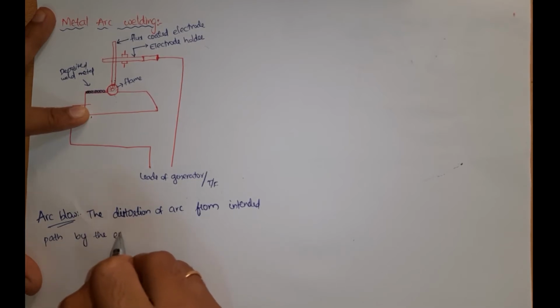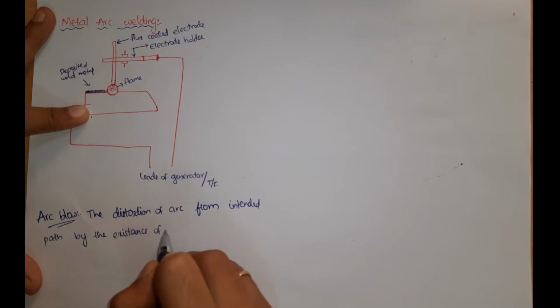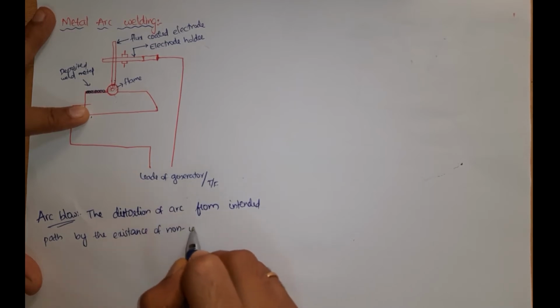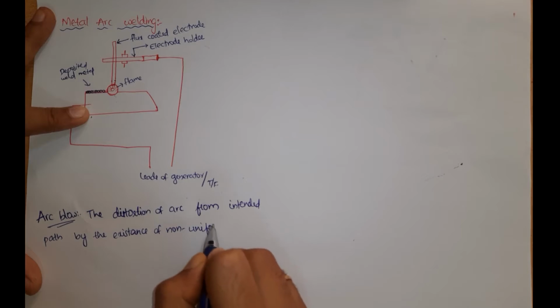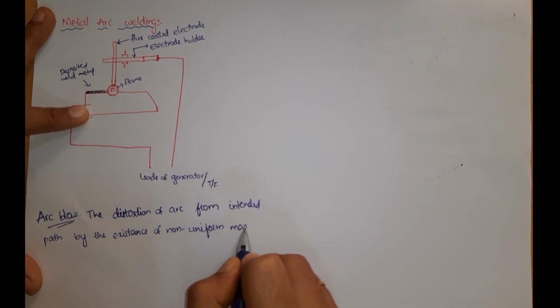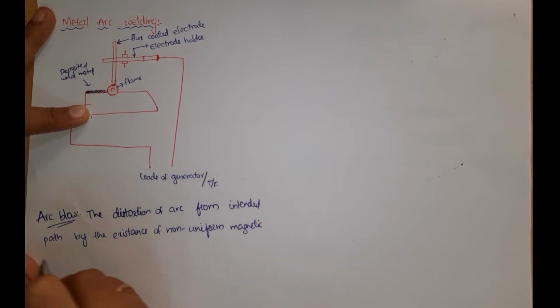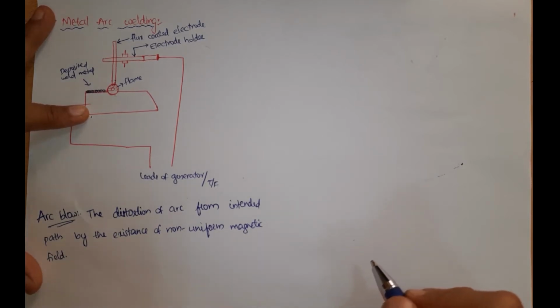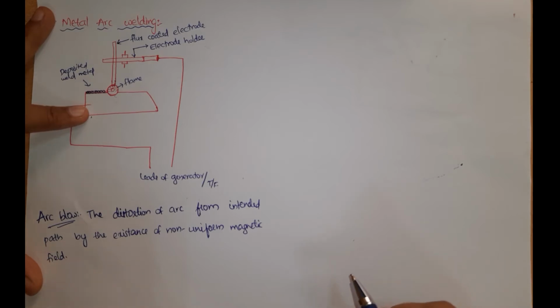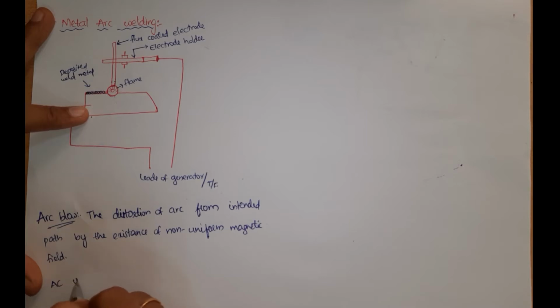Due to the existence of a non-uniform magnetic field. This is why in metal arc welding, AC is preferred compared with DC. With AC, the arc blow is sufficiently low. Let me write down, AC is preferred.